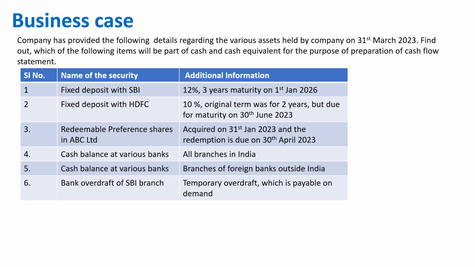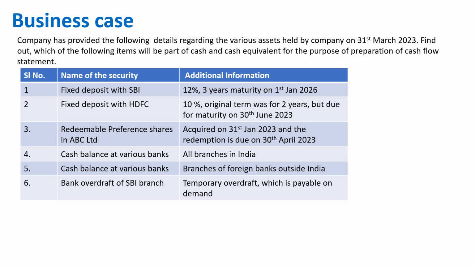Redeemable preference shares in ABC Limited acquired on 31st January 2023 and the redemption is due on 30th April 2023. Cash balance at various banks, which is in all branches in India. Cash balances at various banks, branches of foreign banks outside India. And the last one is bank overdraft of SBI branch, temporary overdraft, which is payable on demand.